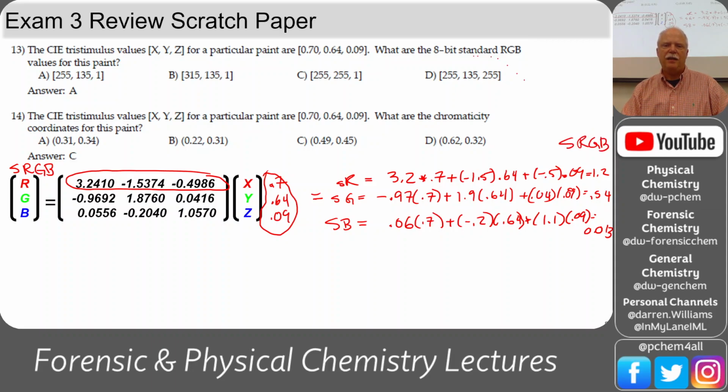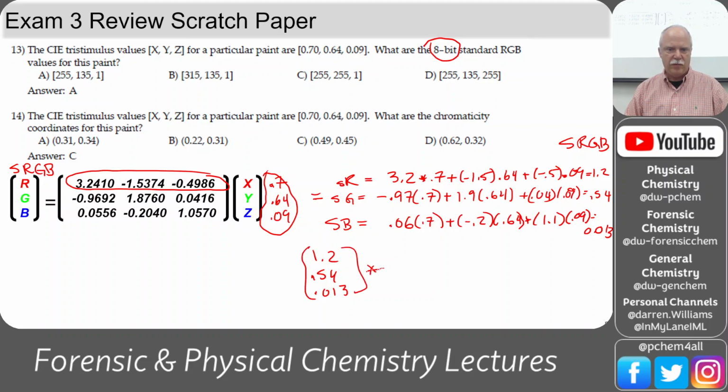All right, so these are the sRGB values. They don't look anything like the numbers in the answers because I now need to convert them to 8-bit. So I take those values: 1.2, 0.54, and 0.013 as my sRGB values. And I multiply them by 255.